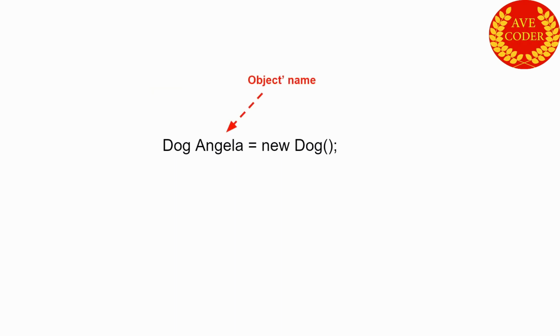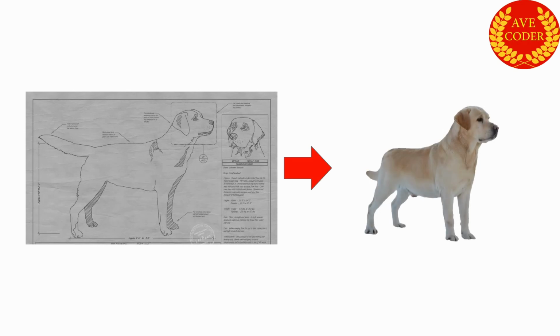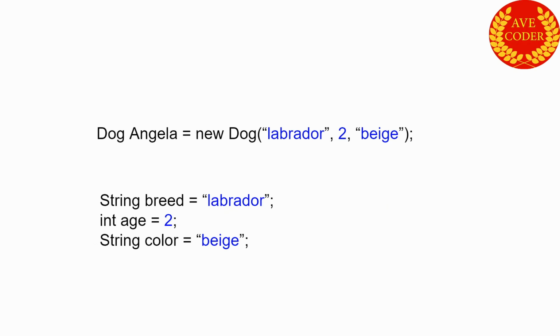Angela is dog's name, and keyword new means that we're creating a new object of that class. And if we would want our Angela to be a young Labrador, we would instantiate the variables responsible for Angela's state like this: String breed = "Labrador", int age = 2, String color = "beige".